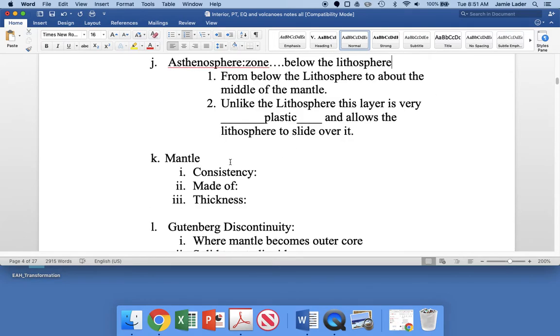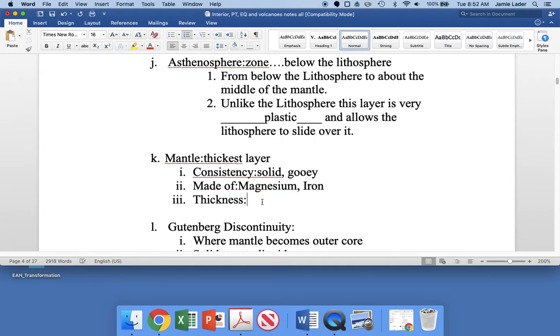The mantle is the thickest layer. It's super, super thick. It is solid, but gooey, as far as we're concerned. It's made of things like magnesium. It's got some iron in there.